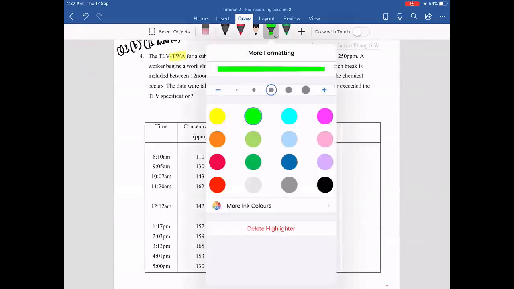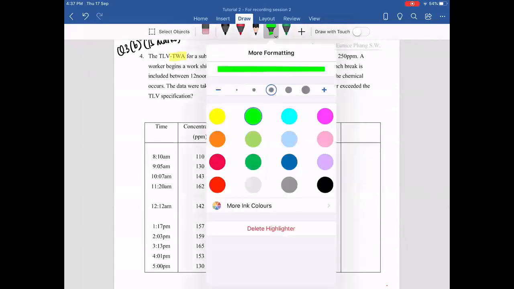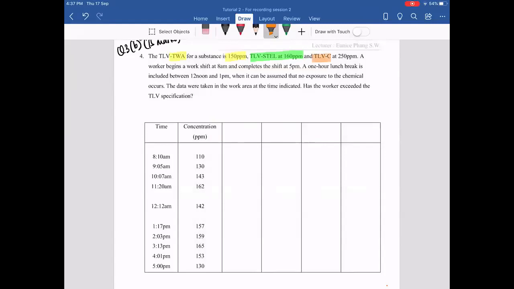Let me change the color. STEL is at 160 and ceiling is at 250. You're given all this data and also the information of what time your people start and end.